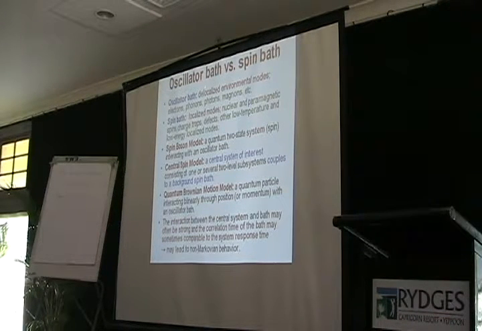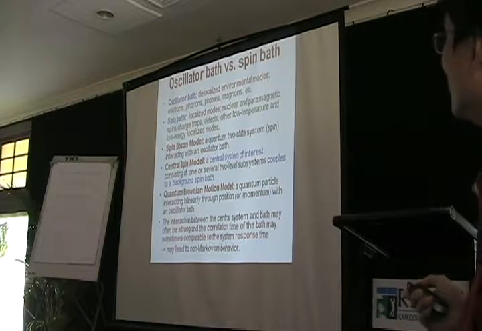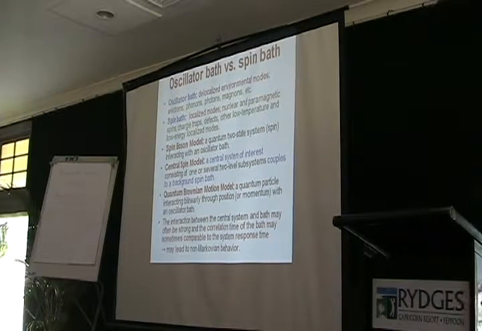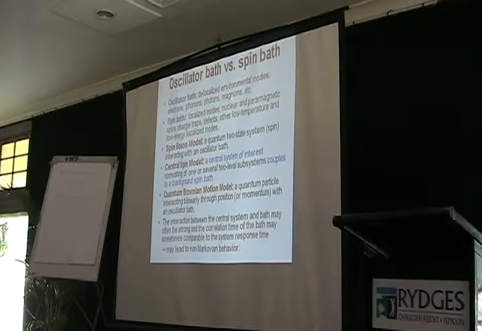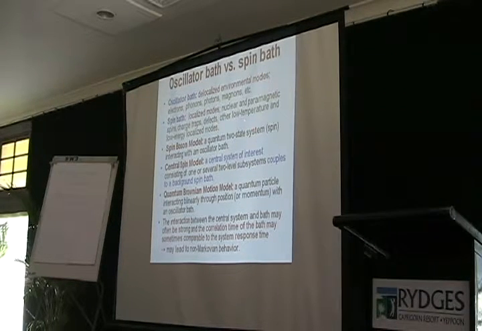Now let's talk about the oscillator bath and spin bath. Generally, when we model the environment, in most cases we use the oscillator bath. The oscillator bath describes delocalized environment modes, like electron, photon, magnon, or something like that. The spin bath usually describes localized modes, like nuclear paramagnetic spins, or charge traps, or defects.